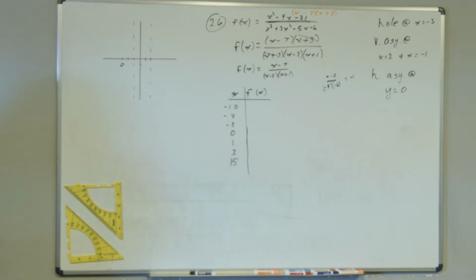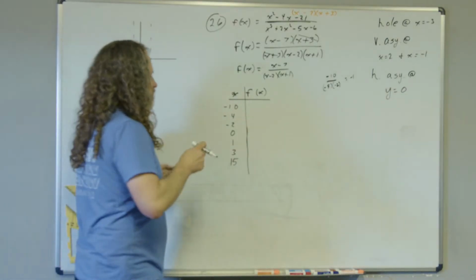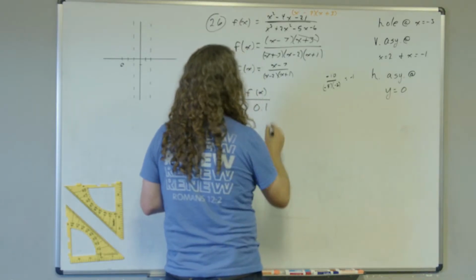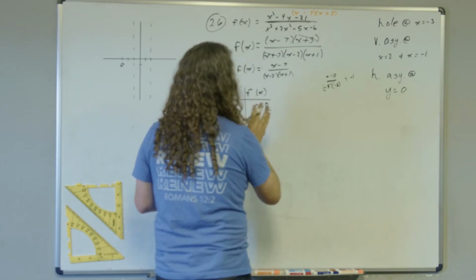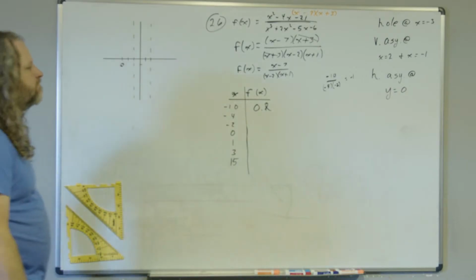So for negative 10, we got 0.16. That's good enough. Negative 4 is 0.6.